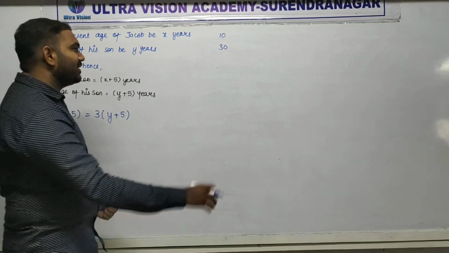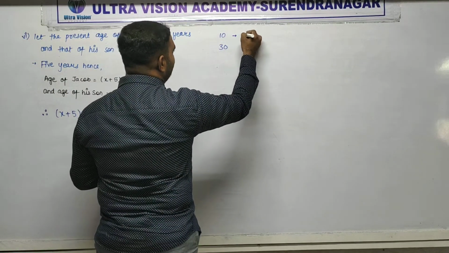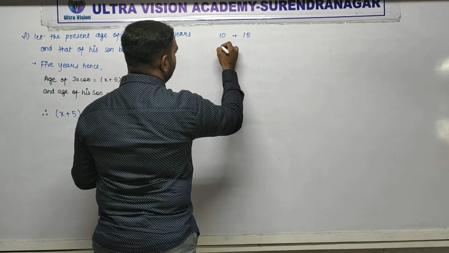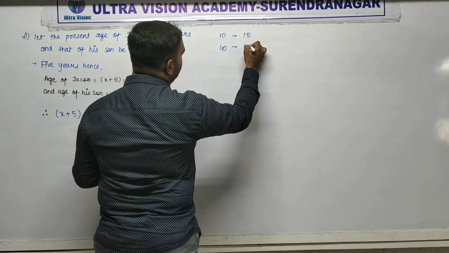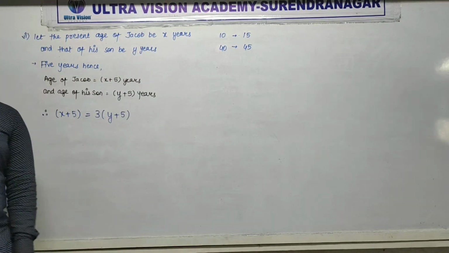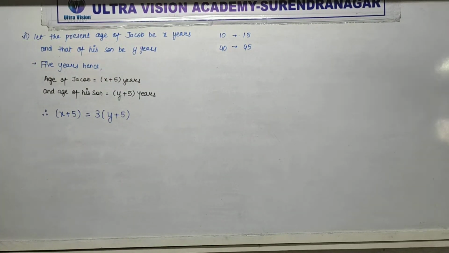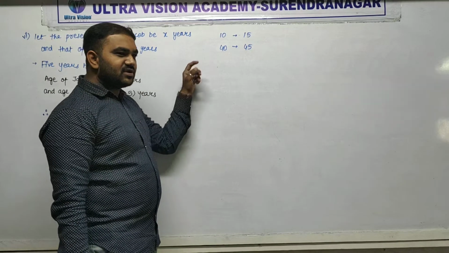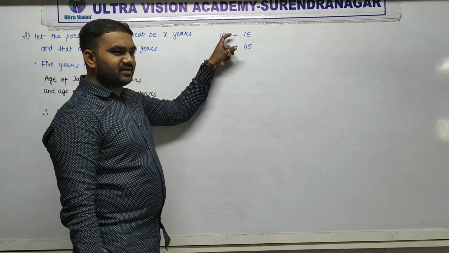How is possible ન થાય પણ આપણે એવું ધરીએ. After 5 years, they will be 15 and this will be 45. Yes or no? Yes. After 5 વર્ષ પછી જો અત્યારે એનો છોકરો 10 વર્ષનો હોય, 5 વર્ષ પછી કેટલા વર્ષનો થાય?